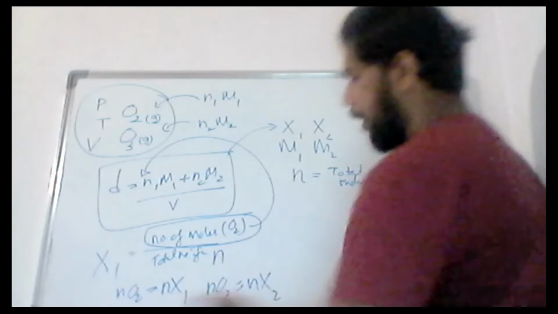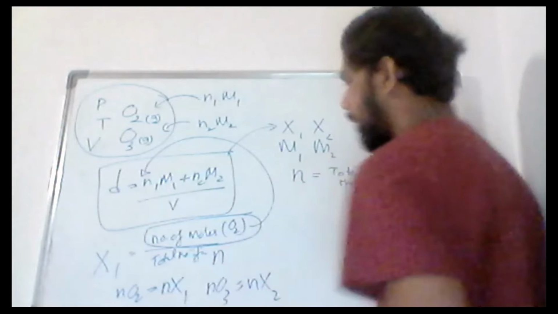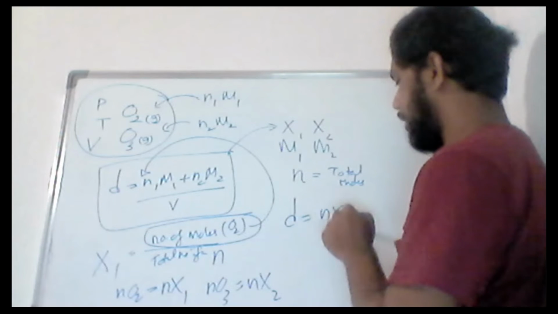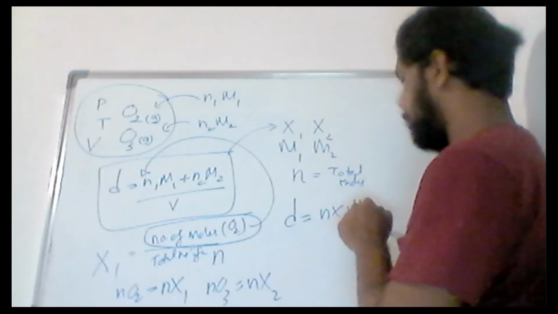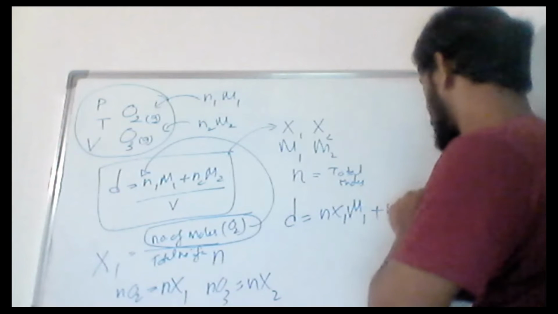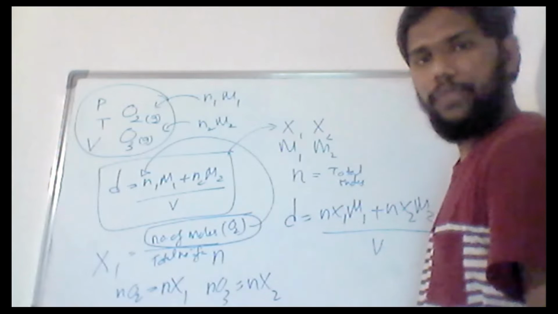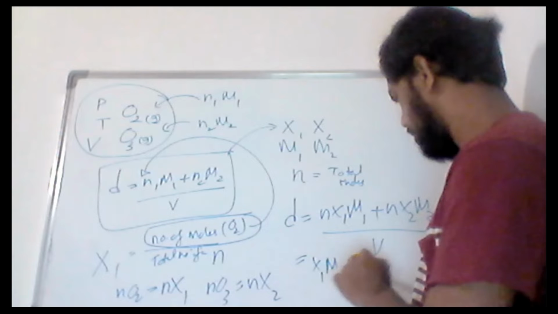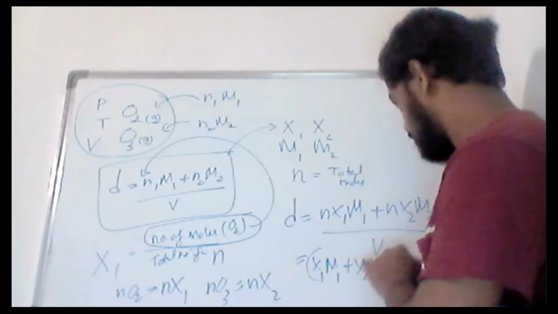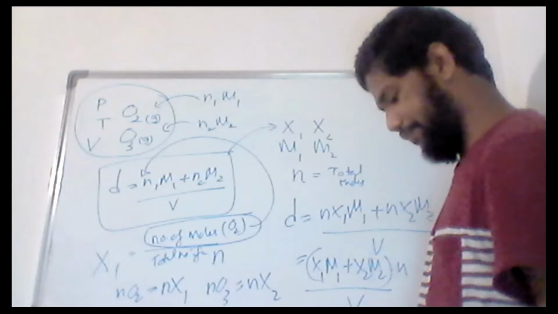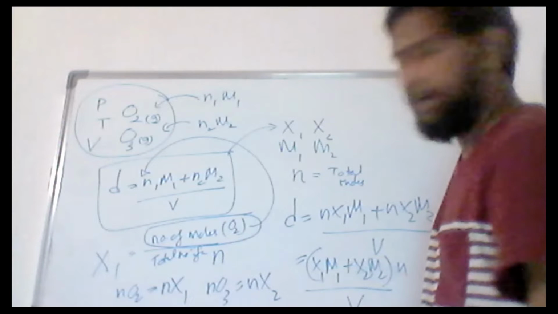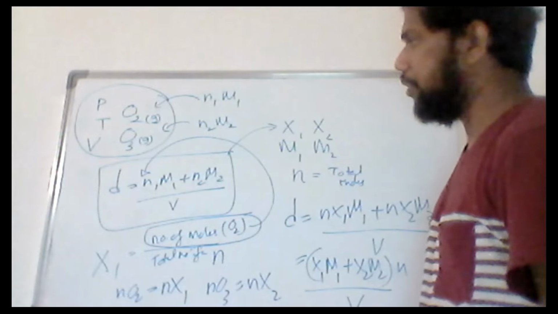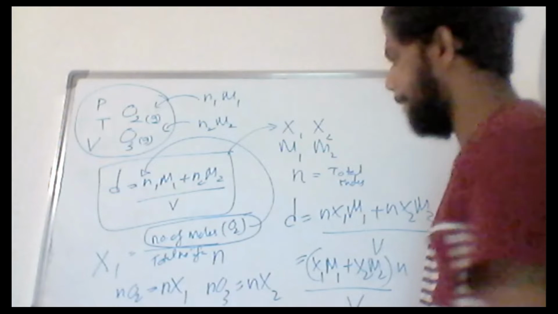Finally you can put these two here, and for the density, now you will have an equation like N into x1 M1 plus N into x2 M2 over V. Or you can rearrange this as x1 M1 plus x2 M2 times n over V. Okay, so you can have this final equation. So this is a very straightforward question.